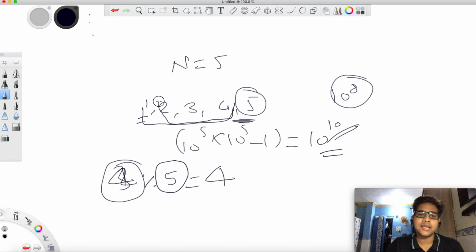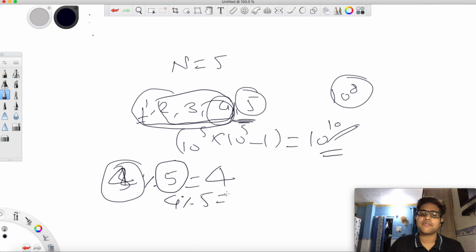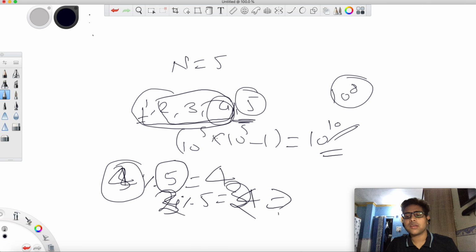Out of the remaining numbers, the largest is 4, the second largest number. So 4 mod 5 will definitely give the maximum possible output, because if you take 3 here, it will be 3, and if you take 2 here, the output will be 2. So the smart way was to not check every pair, but simply find the largest and second largest number and take the second largest mod the largest. That is the desired output.